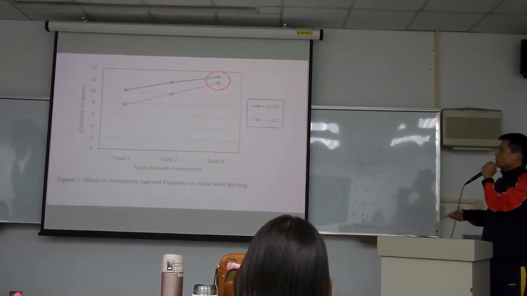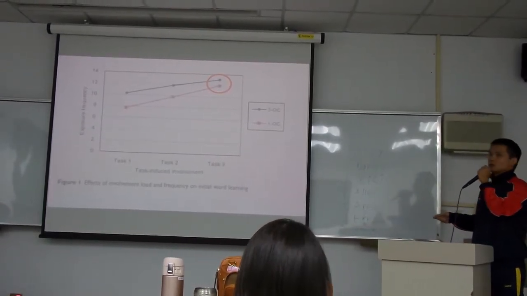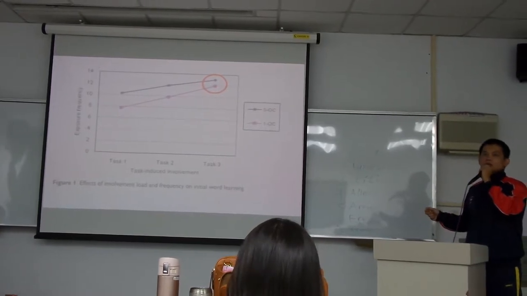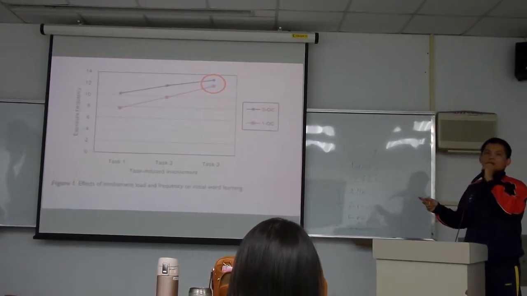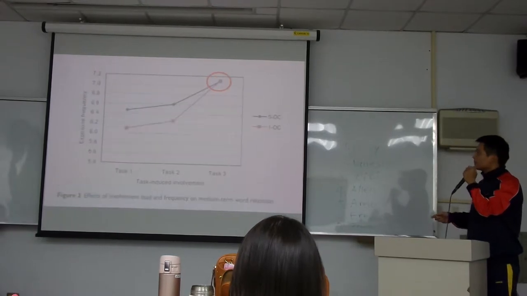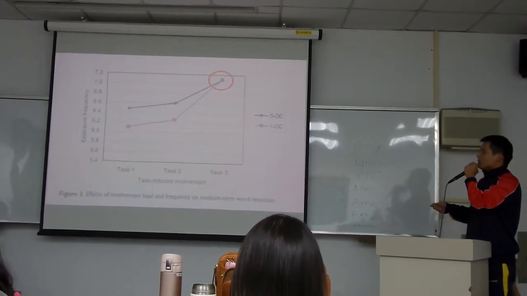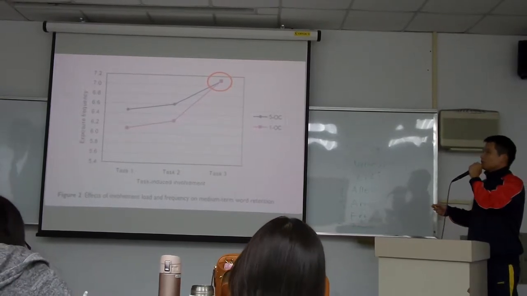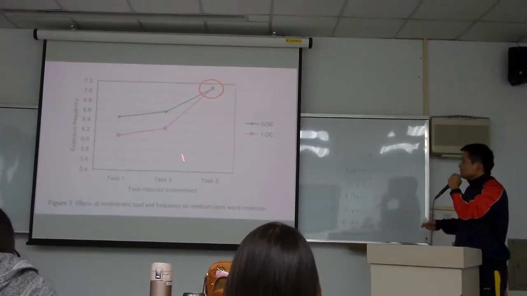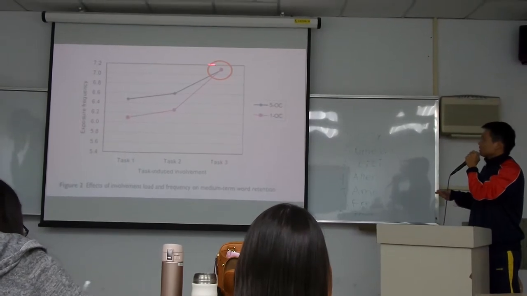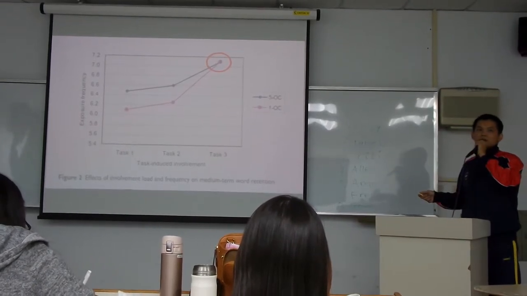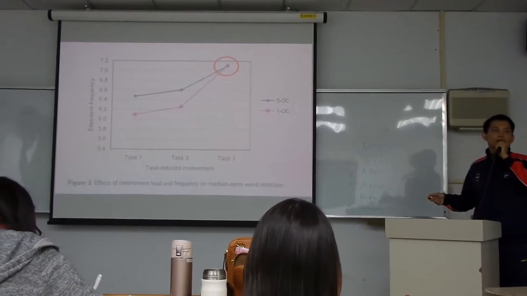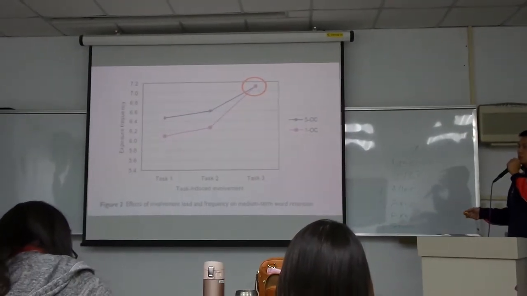I think we can see the figure quite clearly, so later we will compare the two figures at the same time. We can find a major point, which is task 3 had the better effect on vocabulary retention.